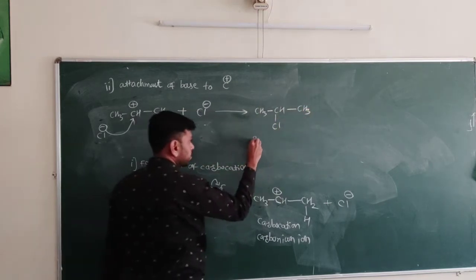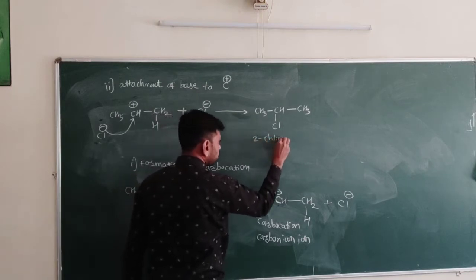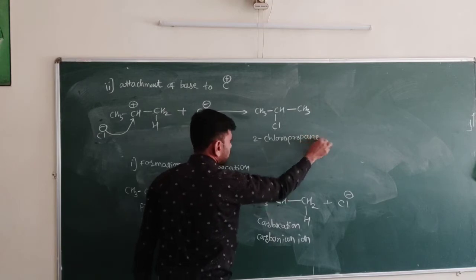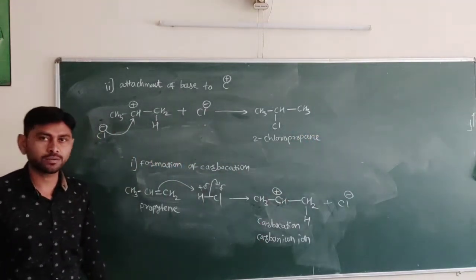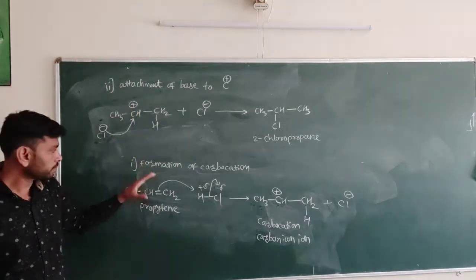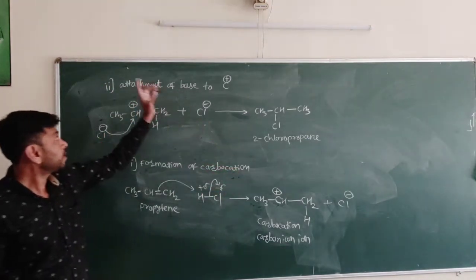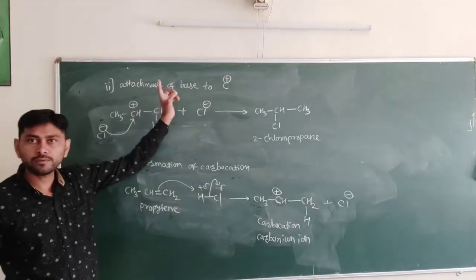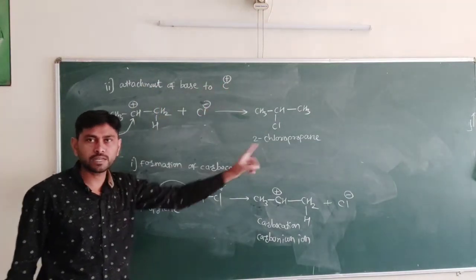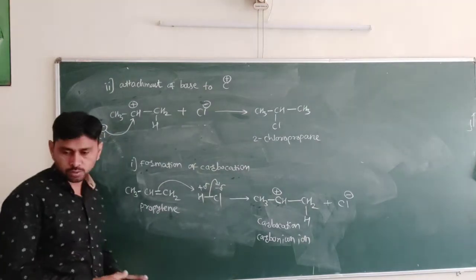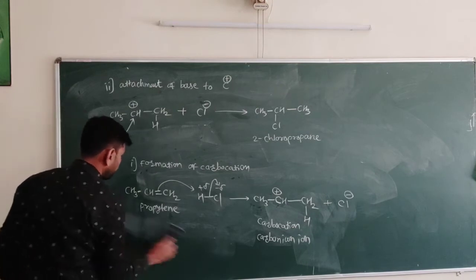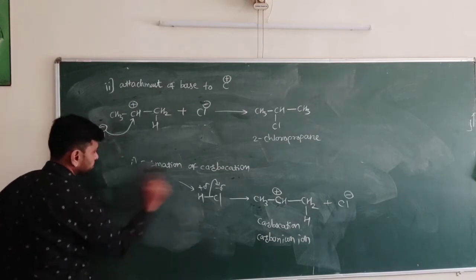We get the addition product, 2-chloropropane. So this is the mechanism. It involves two steps: first is formation of carbocation, and second is attachment of the negatively charged base to the carbocation. This is the mechanism involved in addition reaction.